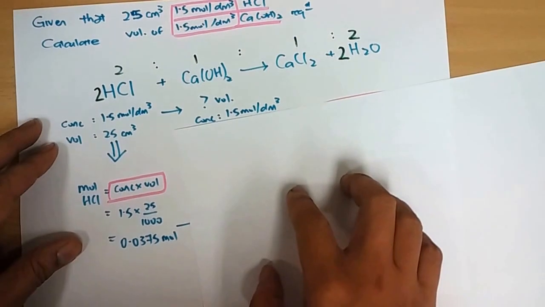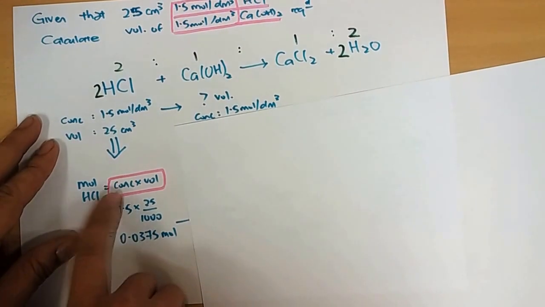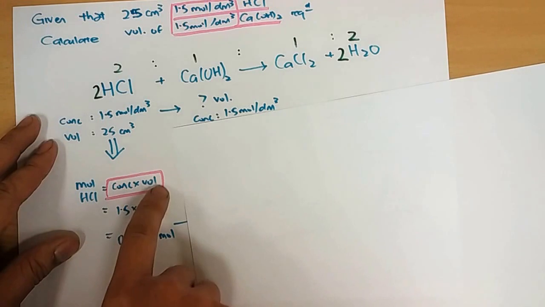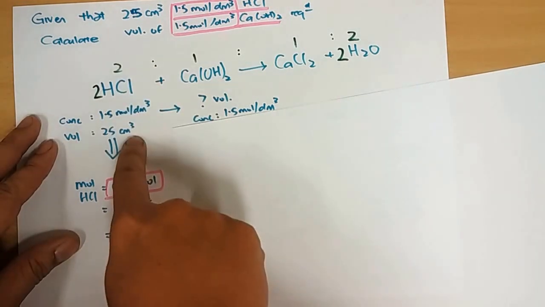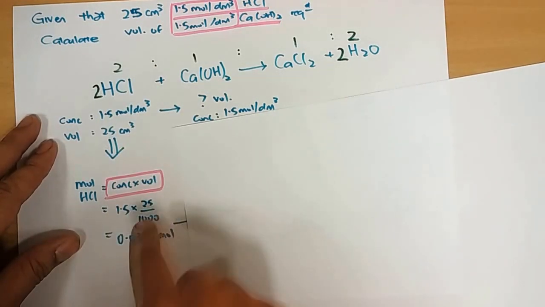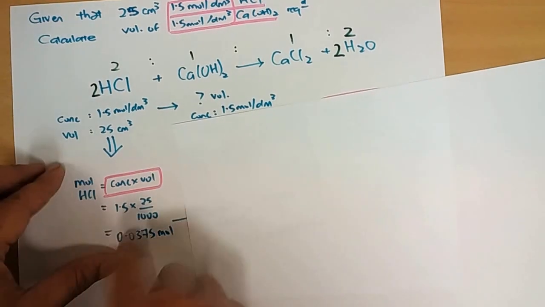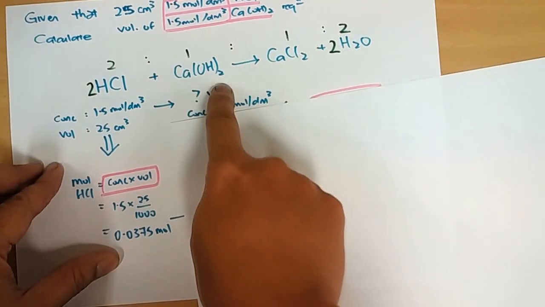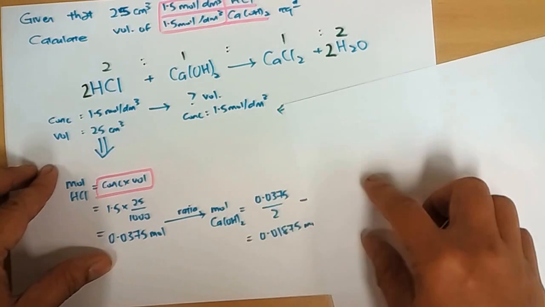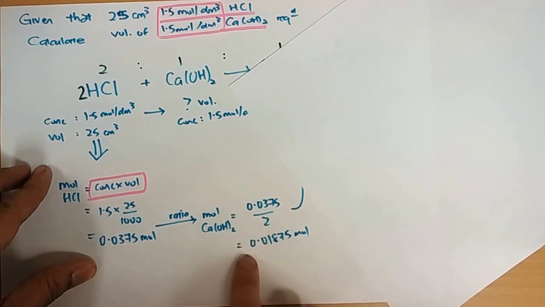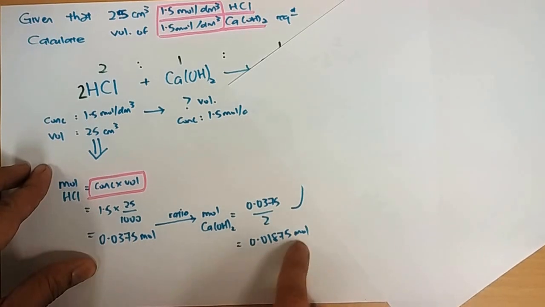So the mole of the acid will be concentration times volume, 1.5 times 25 over 1000. Convert this into dm cube, so you have to divide by 1000. Same gameplay. Mole ratio, because you're looking for calcium hydroxide, so 2:1. Divide by 2, it's half, and you get 0.01875 mole.